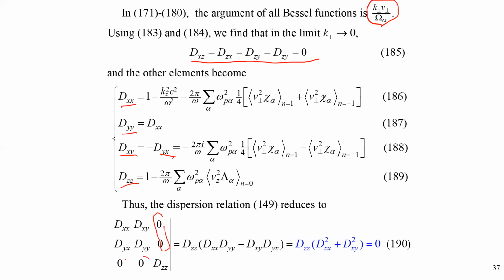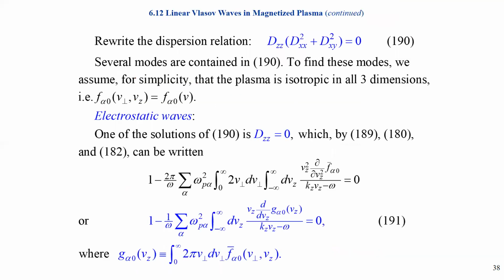These 2 and these 2 are 0, so the determinant equals 0. We can rewrite into this form because xy equals y minus ys, so it's a plus here. Okay, next slide. These equations tell us that the determinant gives dzz times this one equals 0.